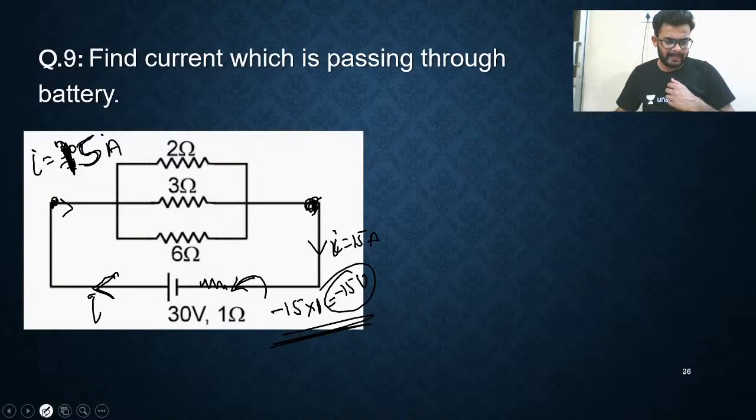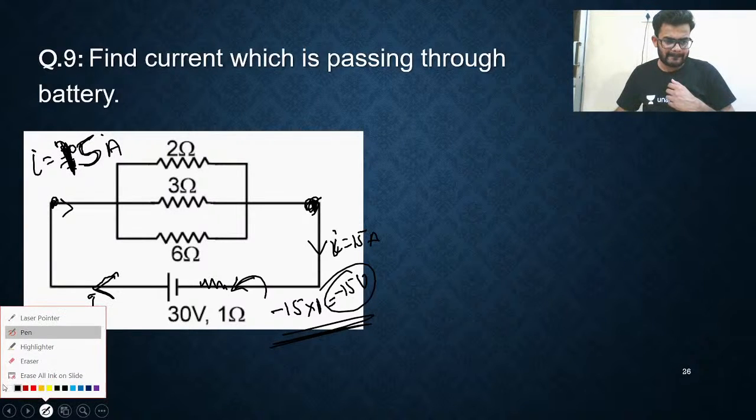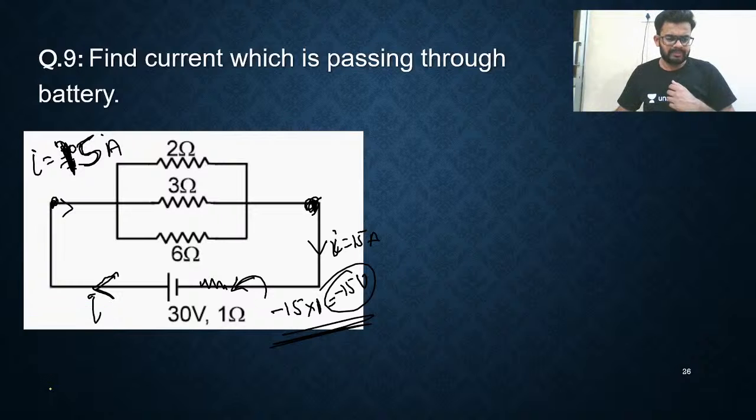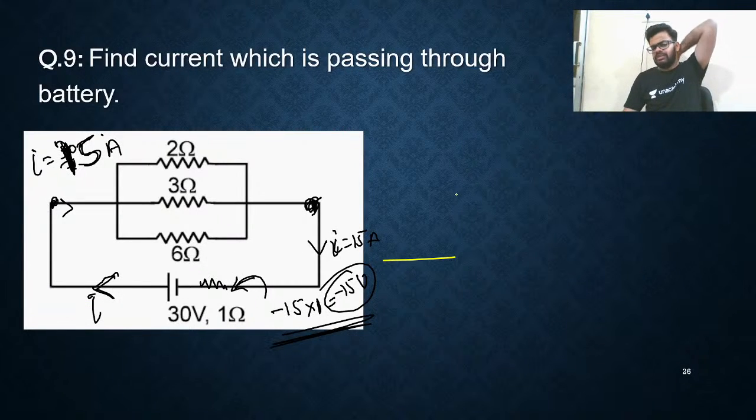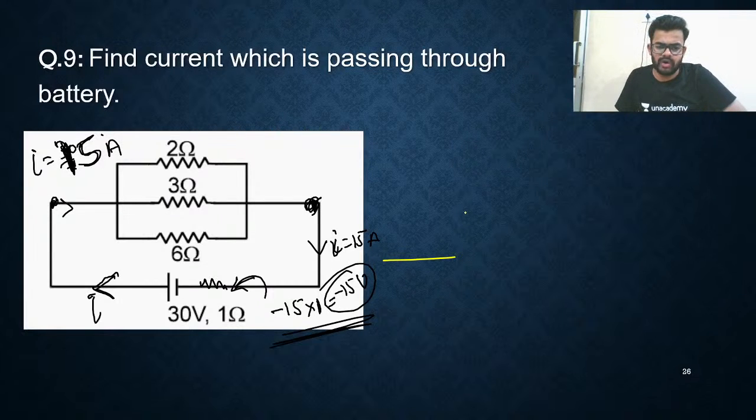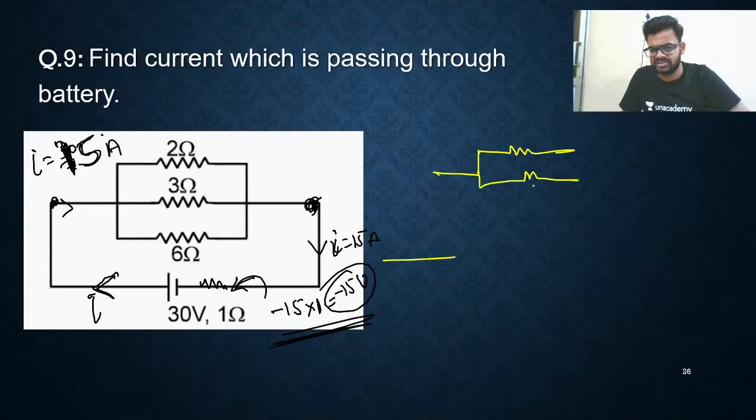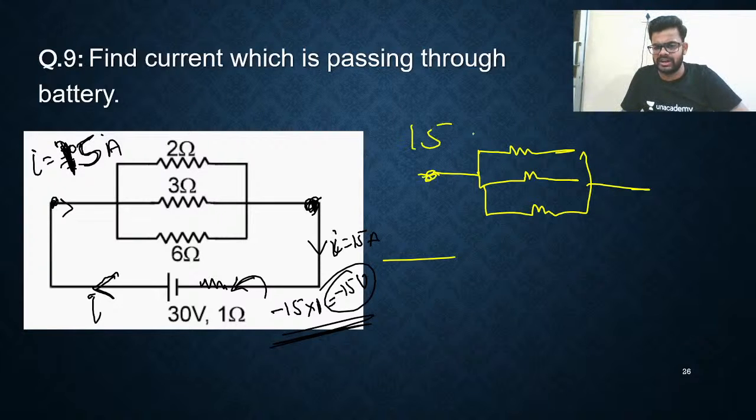Very good. The internal resistance consumed 15 volt, I into R. Now for these three resistances we have only 15 volt, so the potential difference across them is only 15 volt.